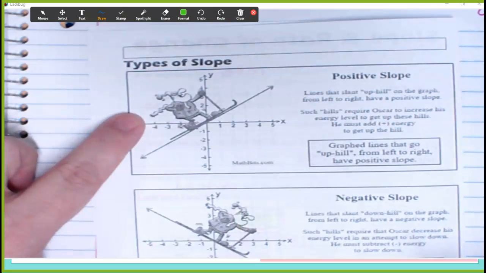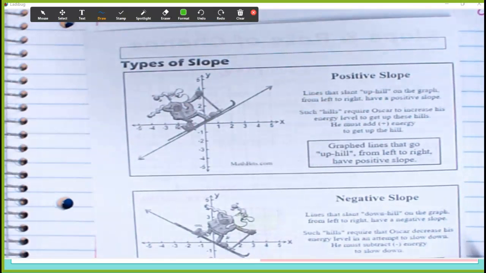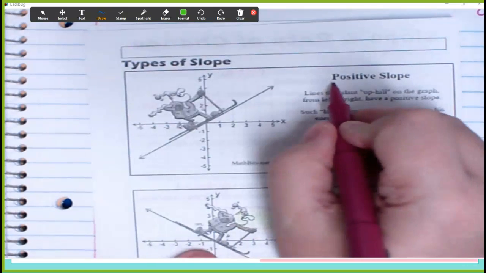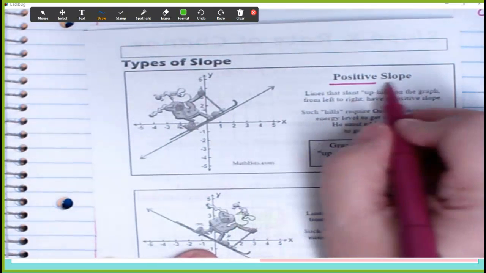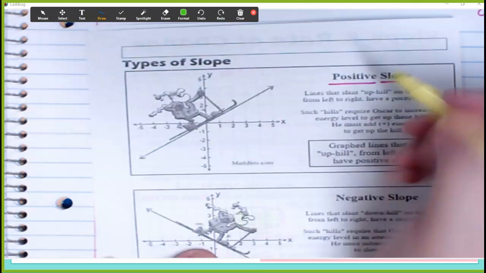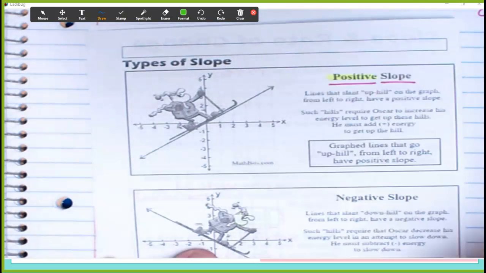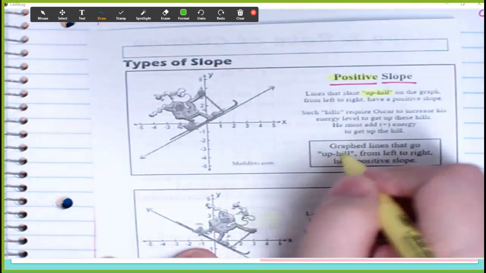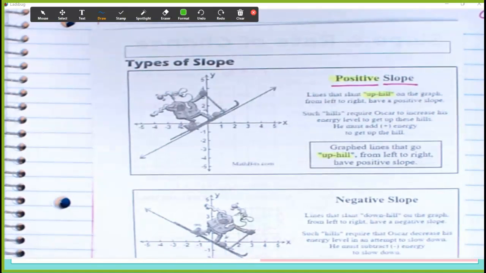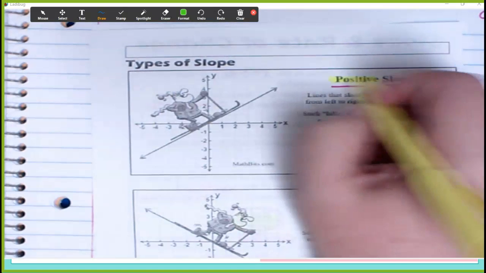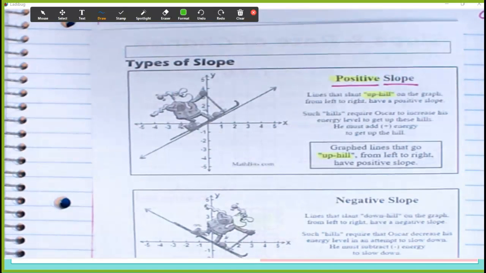So what kind of numbers go up? Positive numbers. So this is called a positive slope. It's a positive slope because Oscar is skiing uphill. Uphill, positive numbers, positive slope. Well, just like positive numbers go up, what kind of numbers go down?